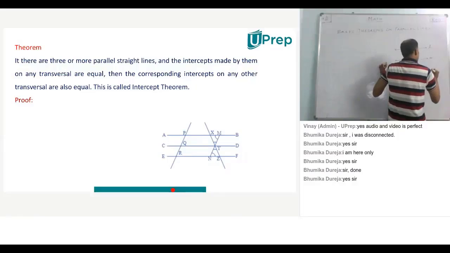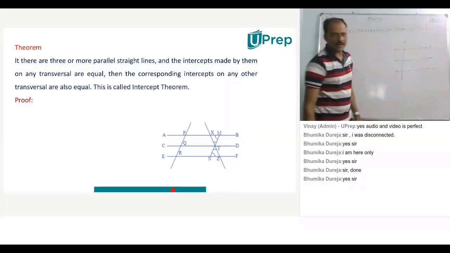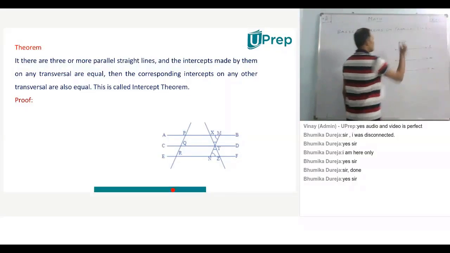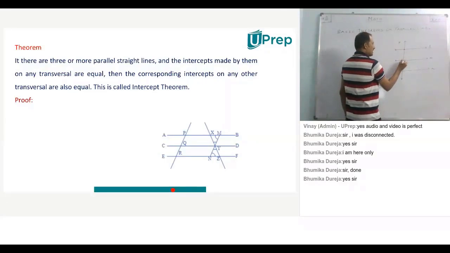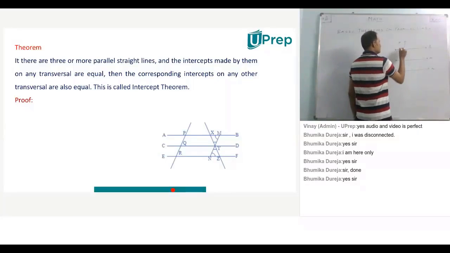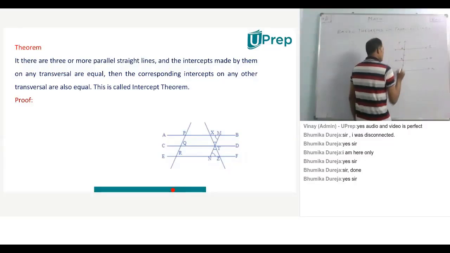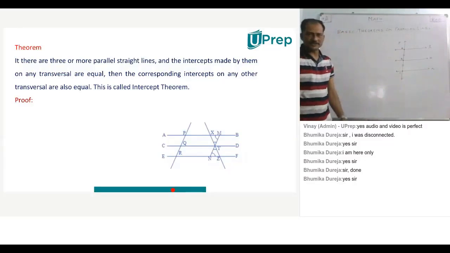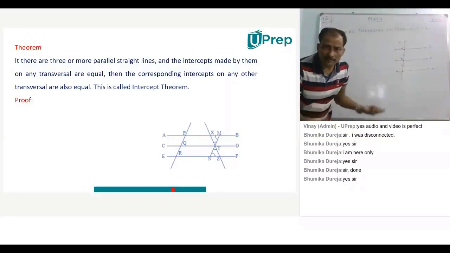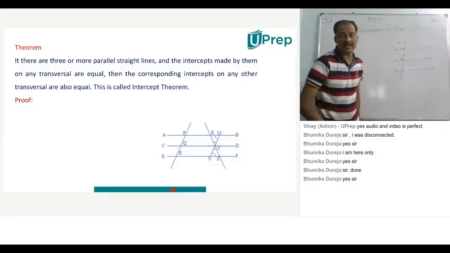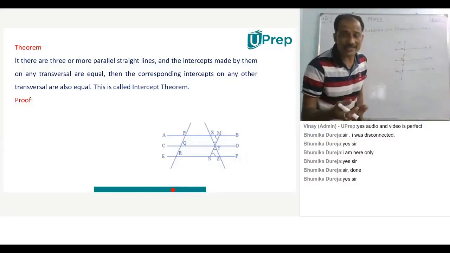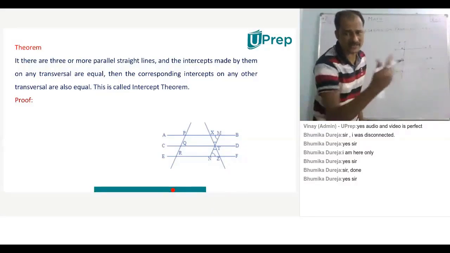L, M and N are three parallel lines intersected by a transversal P, making their intercepts equal. That means AB is equal to BC. So what we have to do? We have to prove that these three parallel lines will also make equal intercepts on any other transversal.